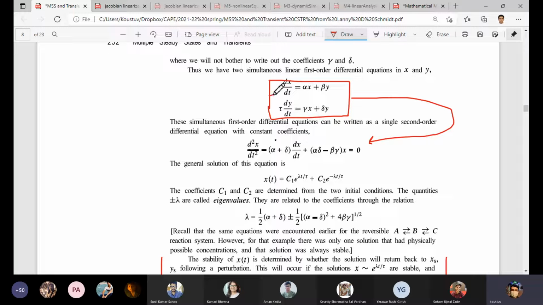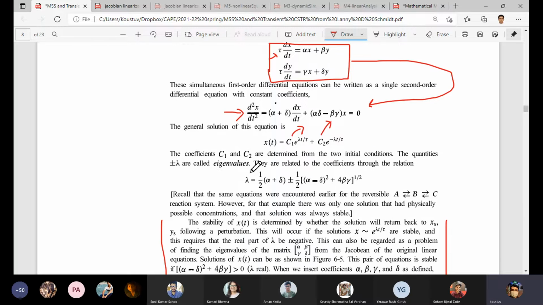These expressions will give you this sort of combined expression, and the general solution is like this: c1 e to the power lambda t by tau, and c2 e to the power minus lambda t by tau. c1, c2 are constants, which you will get from the initial conditions, right?